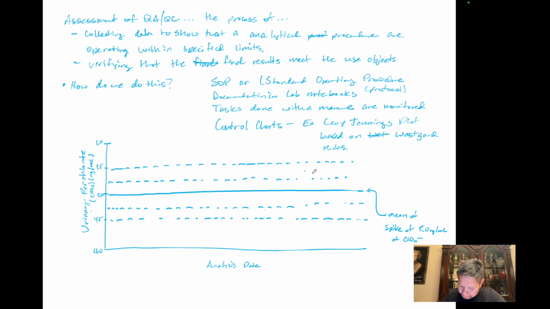So the two lines plus or minus 0.25 from the mean of 5.0 nanograms per mil are the warning lines. So this is a warning line. And this one right here is a warning line.